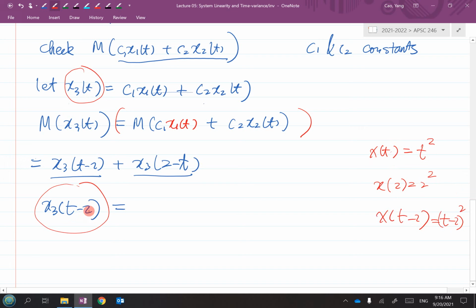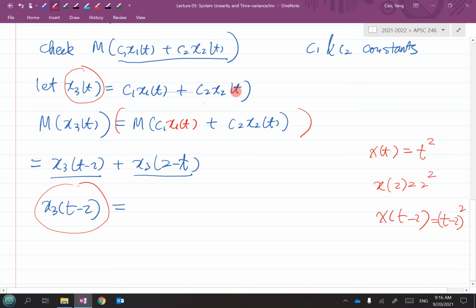So what is the expression for x3 of t? It's c1 x1 plus c2 x2. I don't have a t squared here, but I have a t here, right? So according to the principle I have just iterated, I'm going to find all the t and change the t to t minus 2.